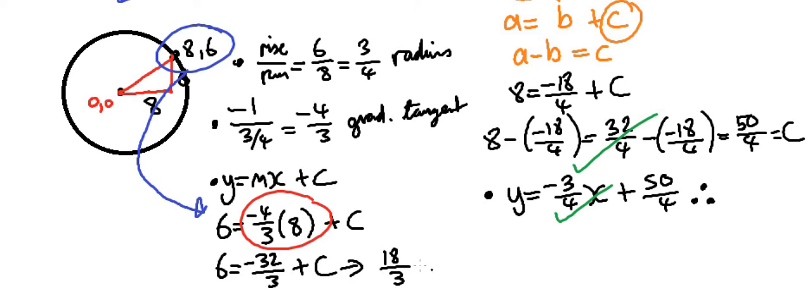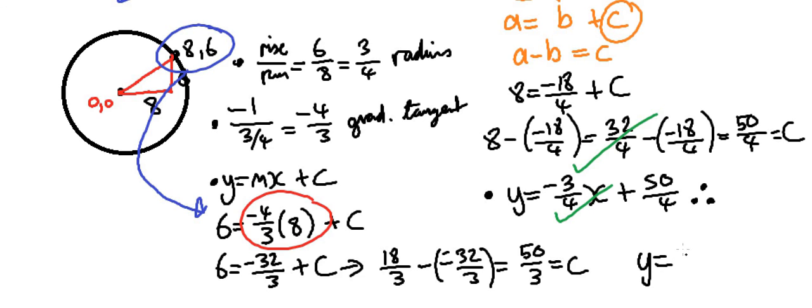And I'm going to subtract the other number to find c. So I'm going to subtract negative 32 over 3, which gives me 50 over 3. That is c. And the only thing left for me to do is write down that y equals minus 4 over 3x plus 50 over 3. And that is the answer.